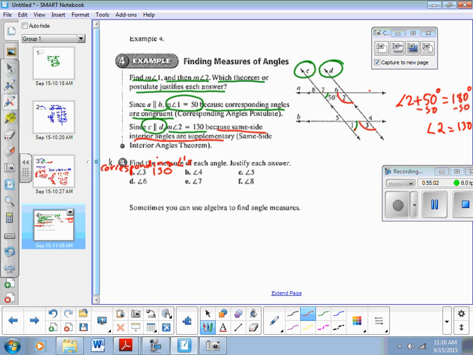So for A, corresponding angles was the reason why we figured out angle 3 was 130.